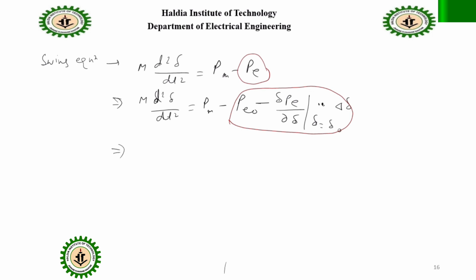Next, at initial, or before disturbance, we have already seen that Pm is equal to Pe0. So d²δ/dt² is equal to, these two cancel out, Pm and Pe0 cancel out.